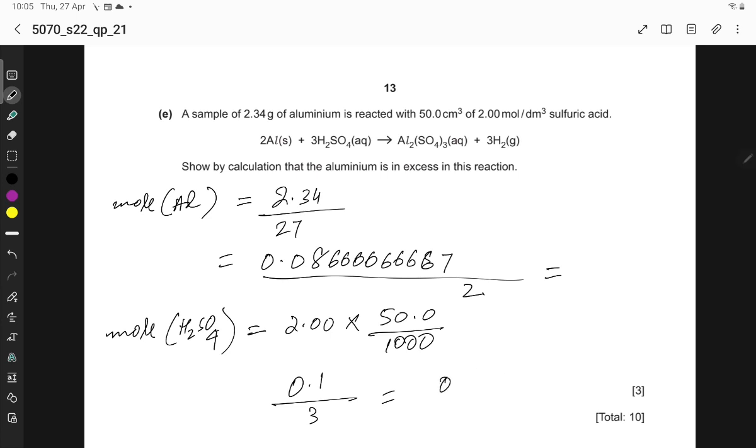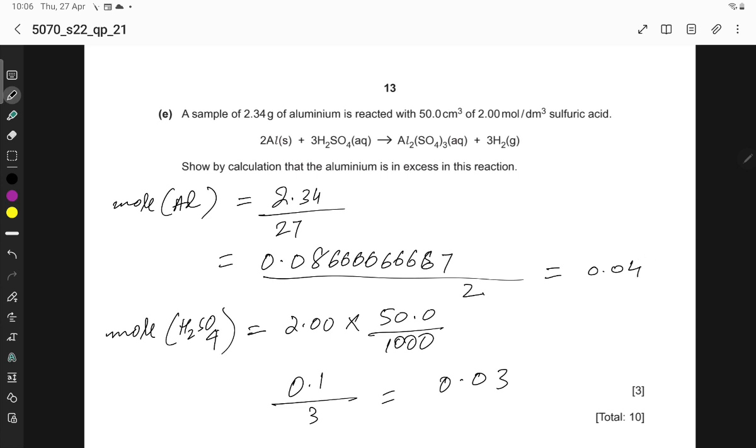This is equal to 0.03 mole, and this is equal to 0.04.